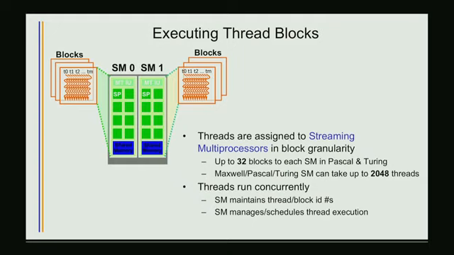We're not going to write our code specific to a piece of hardware. We want to write it generically. So what we know is we've got some number of these blocks, and those blocks are going to execute on some number of these SMs. And it's the job of the GPU driver to take those blocks and map them in some fashion onto those streaming multiprocessors, those SMs.